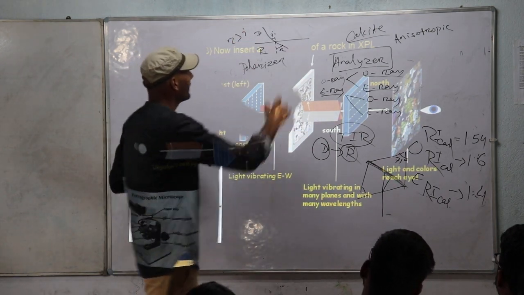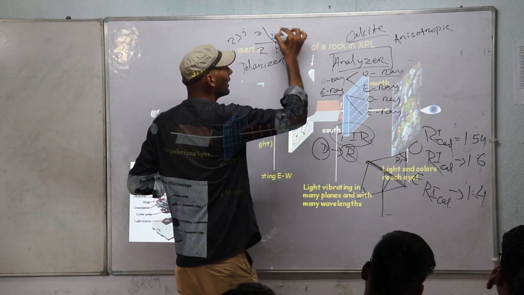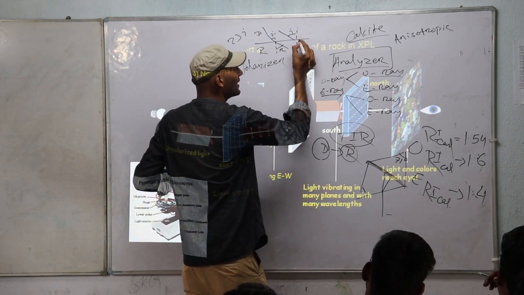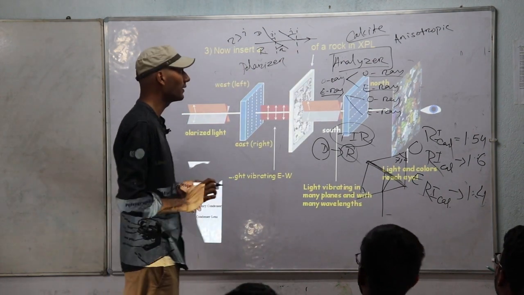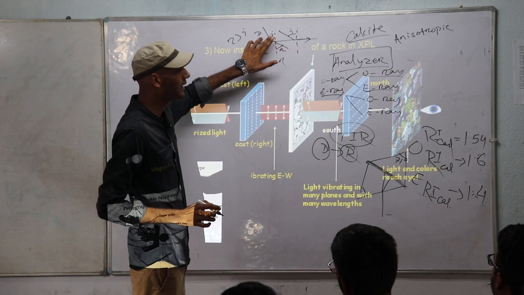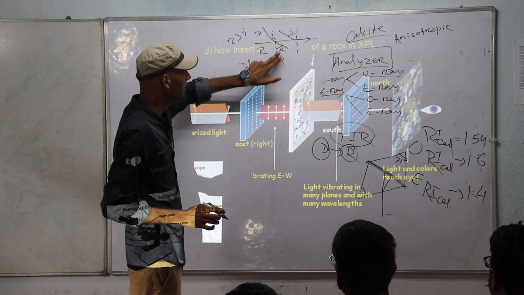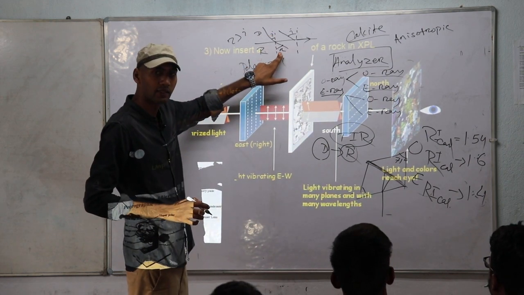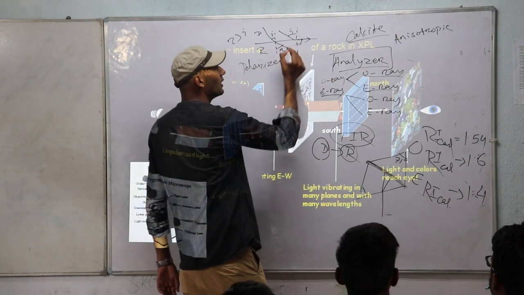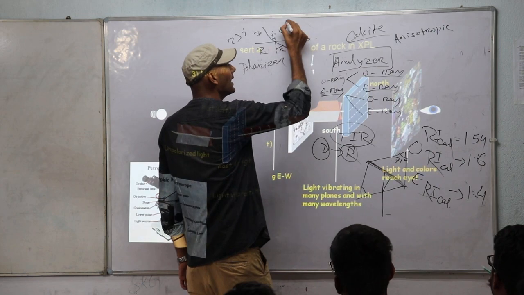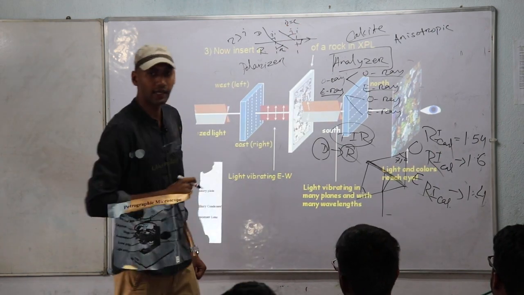When we increase the angle of incidence, the angle of refraction also increases. So at a certain angle of incidence, the angle of refraction will be 90 degrees. Here I is equal to C. That means the critical angle.